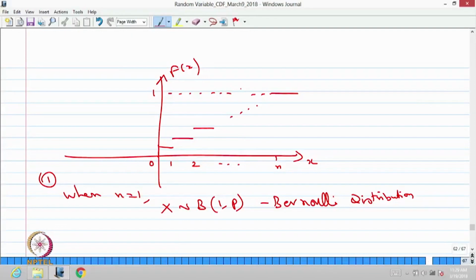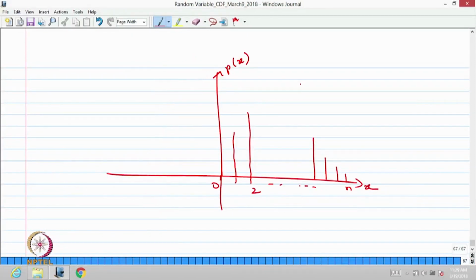Not only from the CDF, one can also make the observation from the probability mass function. That means if you draw the histogram of the values of the data over 0 to n, and the histogram looks like the probability mass function at some points, if it is almost the same, then you can conclude that the data also follows a binomial distribution.